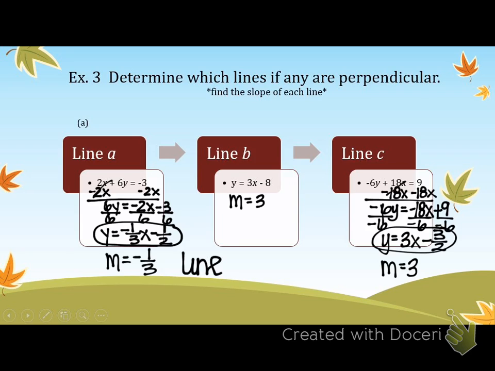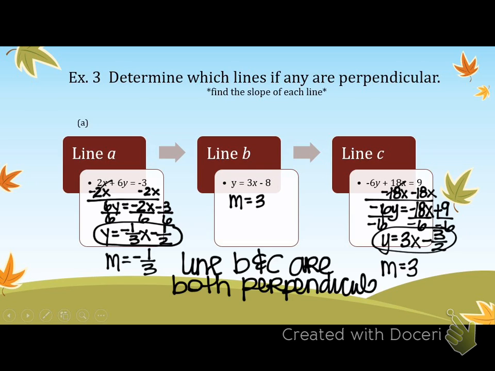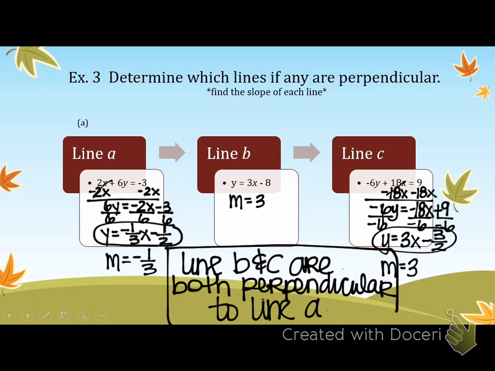Line B and C are both perpendicular to line A. Now that's the answer to this question, because this question said determine if any lines are perpendicular.